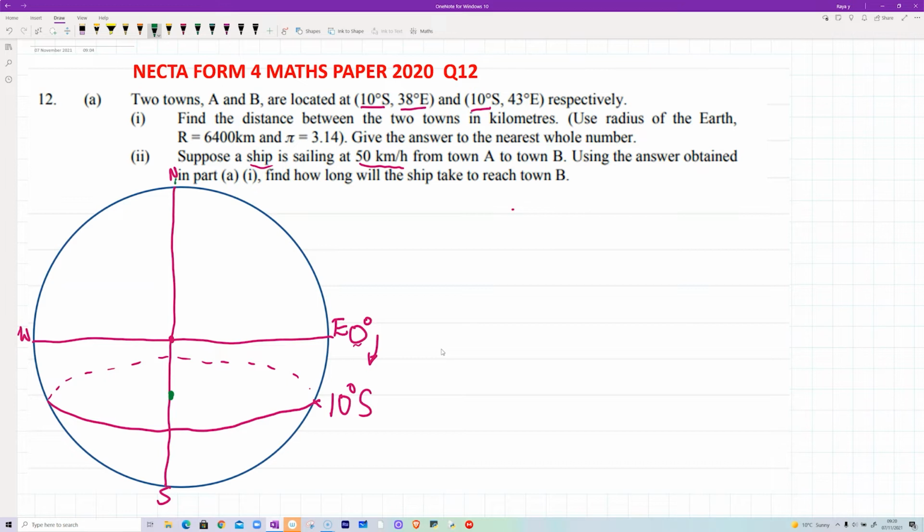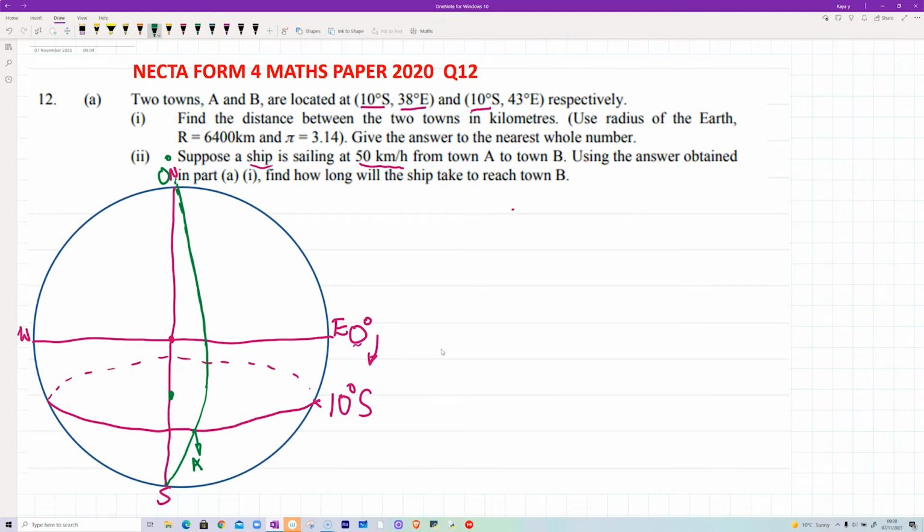So here is our 0 degrees. 38 degrees is going to be somewhere along here. So let's draw in this longitude, okay? That means town A is right there. Town A is here. And town B is at 43 degrees east.